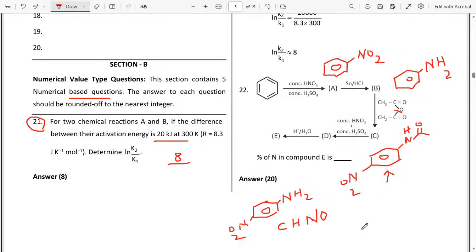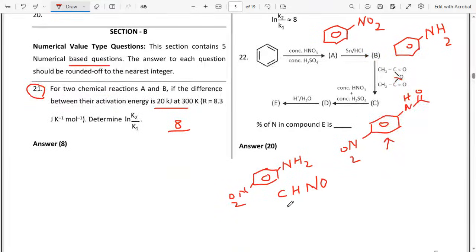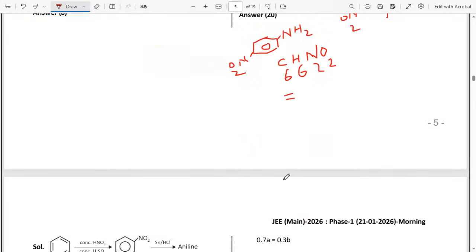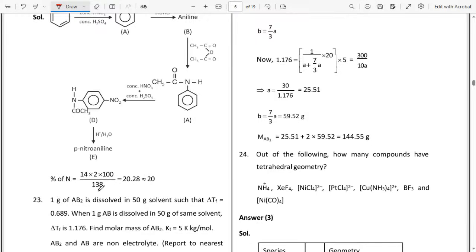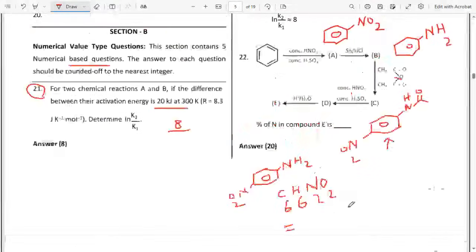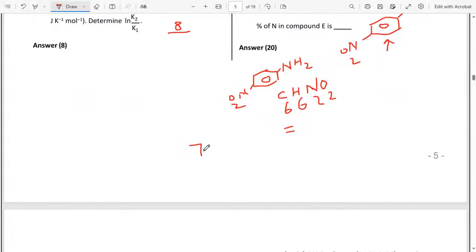So they are asking percentage of nitrogen. How to calculate? See, 6 carbons are there. How many hydrogens are there? 6 hydrogens are there. How many nitrogens are there? 2 are there. And 2 oxygens. So let us calculate the total molecular weight. 72 plus 6 plus 28 plus 32.